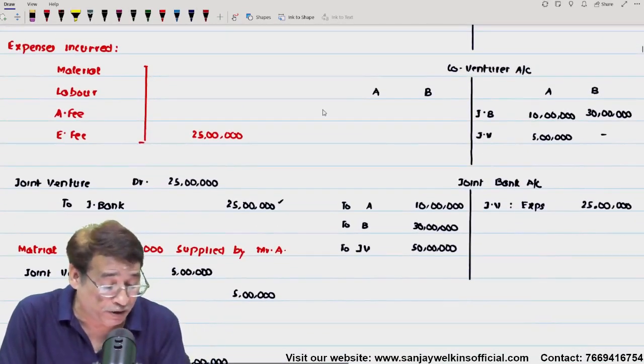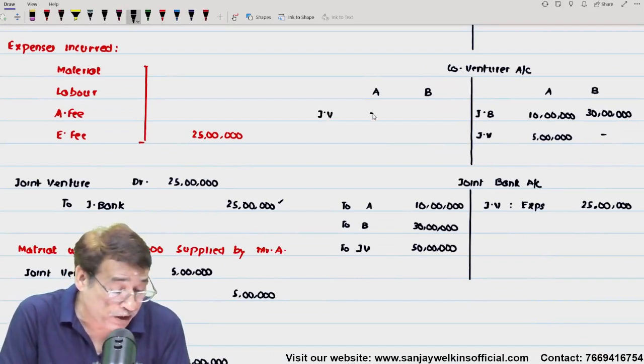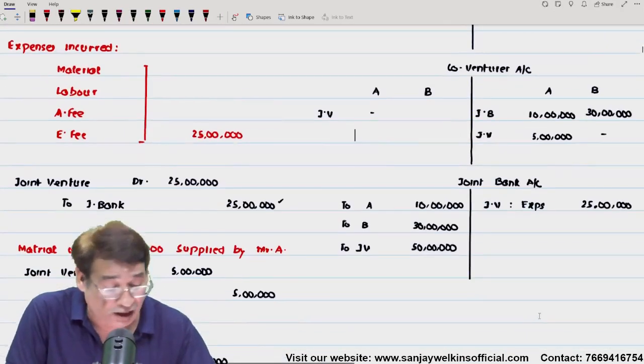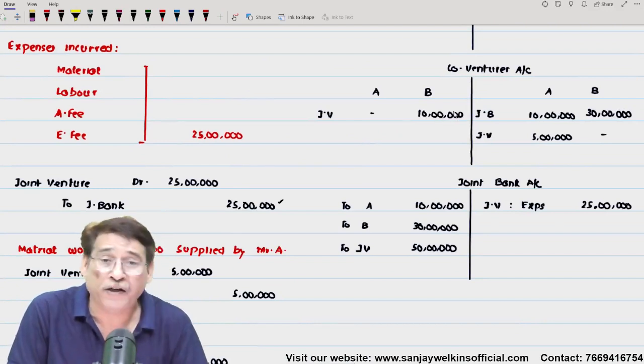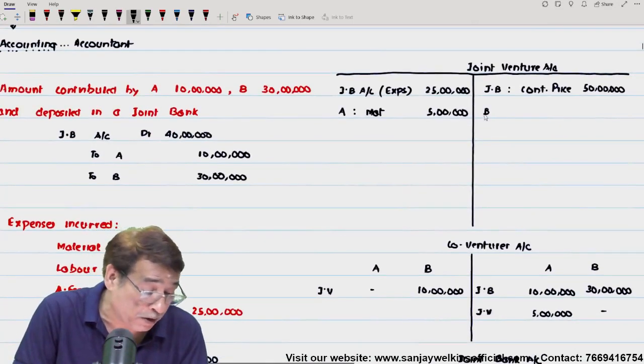On the debit side of B, I am going to write here joint venture. Because B is taking over some leftover material to the extent of 10 lakh, towards the debit side of B, I am going to write 10 lakh. Correct? And on the credit side of joint venture, I am going to write by B. You can write material taken over.